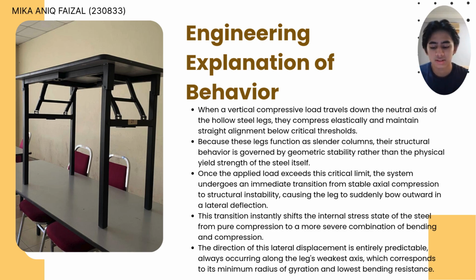This transition instantly shifts the internal stress state from pure compression to a combination of bending and compression. The direction of this lateral displacement is entirely predictable, where the leg will always bow along its weak axis, which corresponds to its minimum radius of gyration and lowest bending resistance.